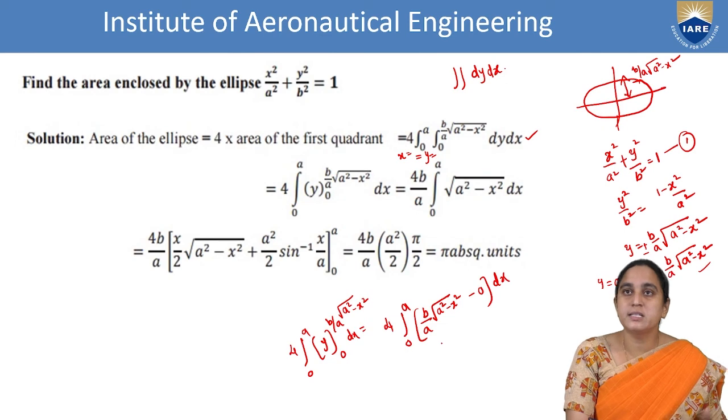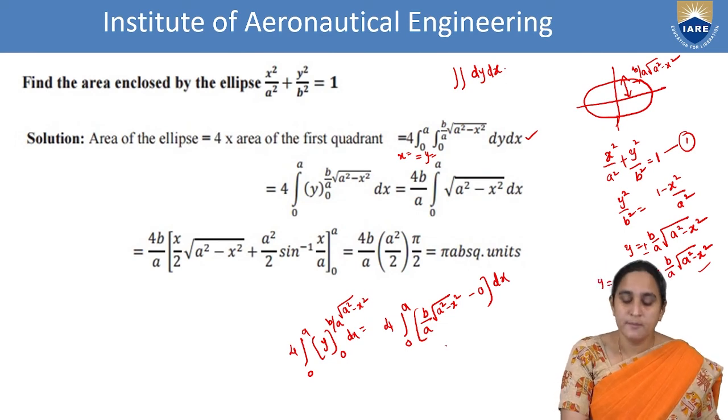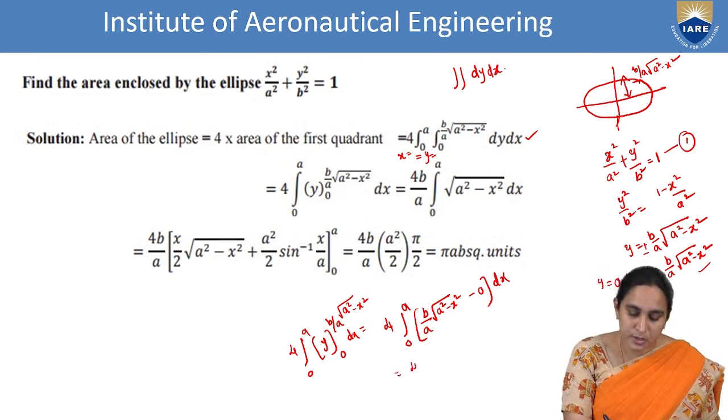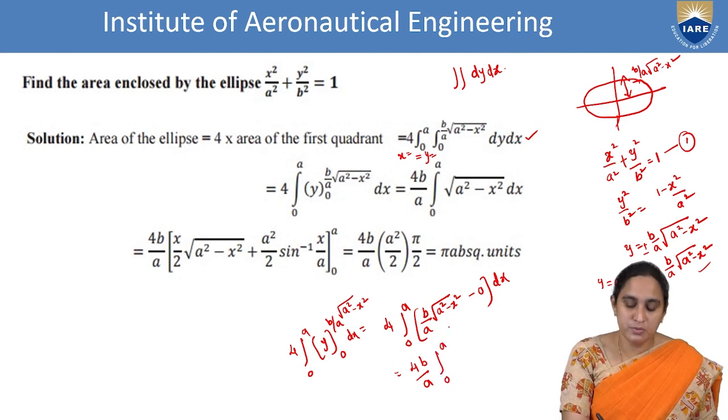The lower limit is directly 0. Therefore, after substituting the y limit points, it is completely converted in terms of x. I'm taking 4b by a outside and the remaining is integral 0 to a of root a square minus x square into dx.